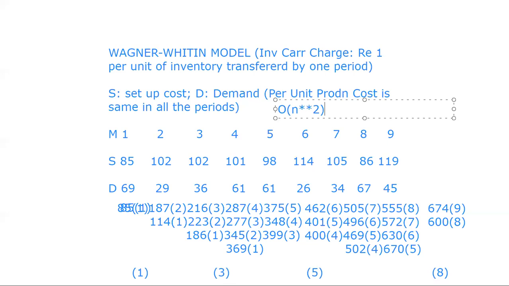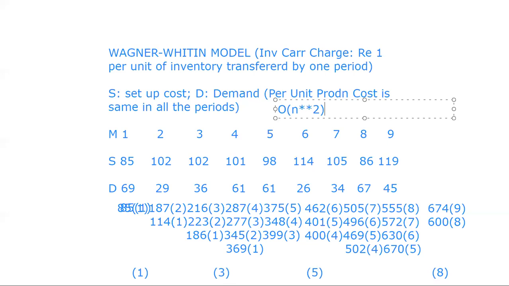But generally, for any kind of OR problem, dynamic programming is the last technique of choice because the computational complexity increases exponentially with the number of states. Okay, so that part is ignored. This is just for the sake of OR people. It doesn't make any difference to us.